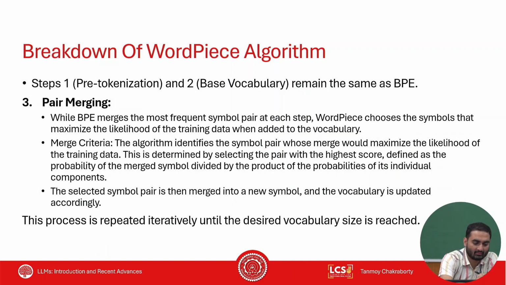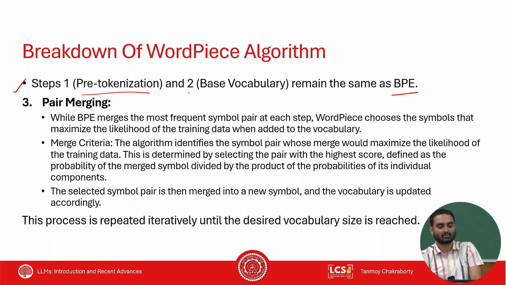Okay, so step 1 and step 2 are the same as we discussed in case of BPE. Step 1 is basically a pre-tokenization where we clean the corpus, we split the sentence into words based on space, tabs, some other Unicode characters, and so on and so forth. In step 2, we identify the base vocabulary.